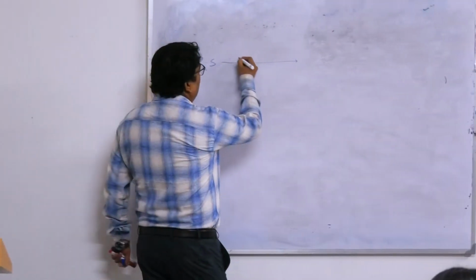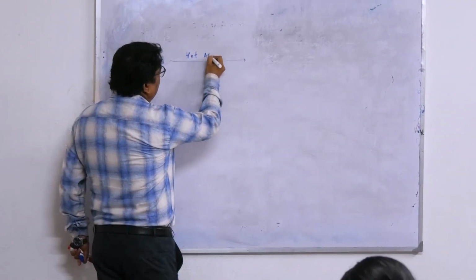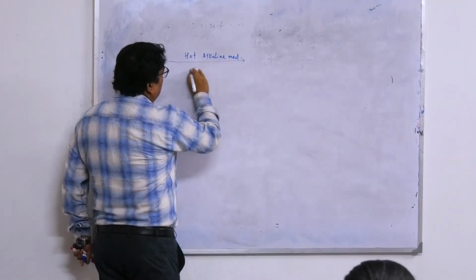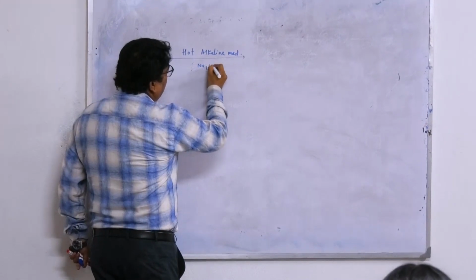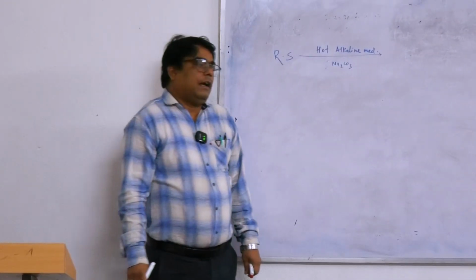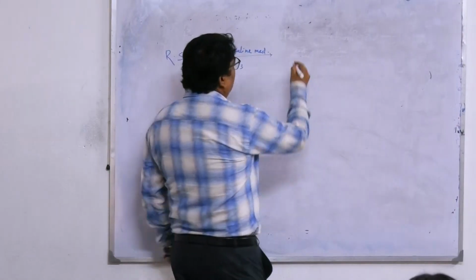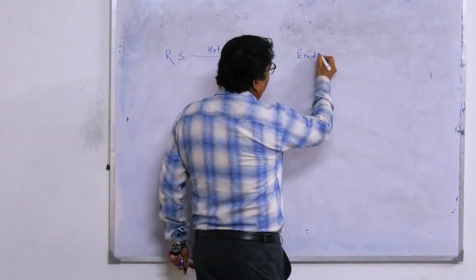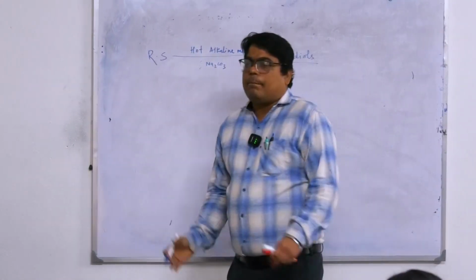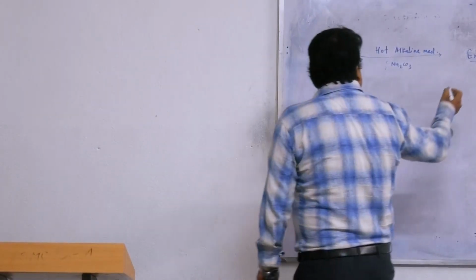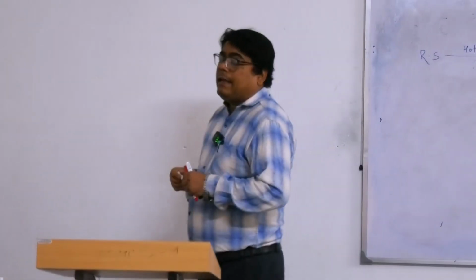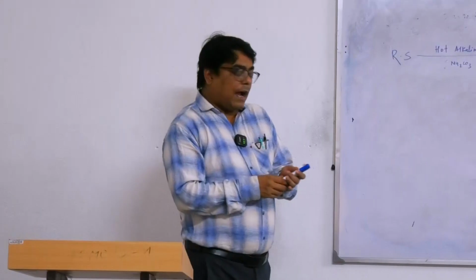Reducing sugar in a hot alkaline medium, that is Na2CO3, by providing Na2CO3 we change the medium, and due to the change of medium they form enediols. Enediols are highly reducing agents.